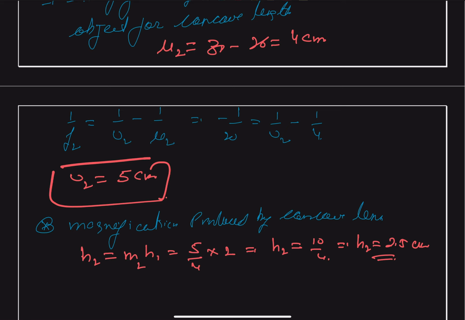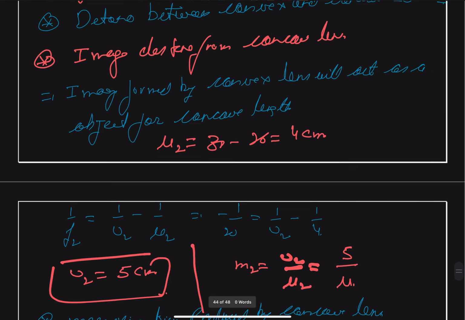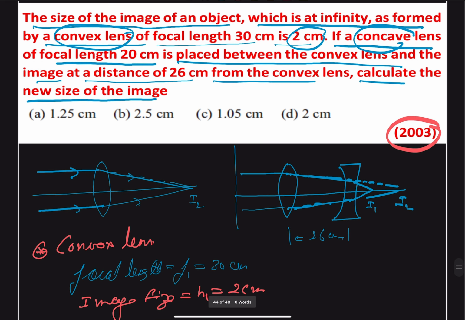Okay. Oh, I forgot to find out M2, so let me write it here. Our M2 will be equal to our V2 divided by U2. V2 is our 5 and U2 is our 4. Okay, so this is our M2. So we get that the height H2 will be about 2.5 centimeters, and that is option number B is the correct one.